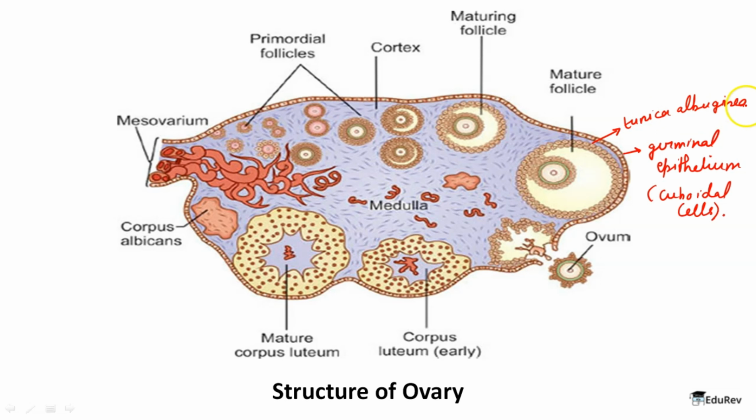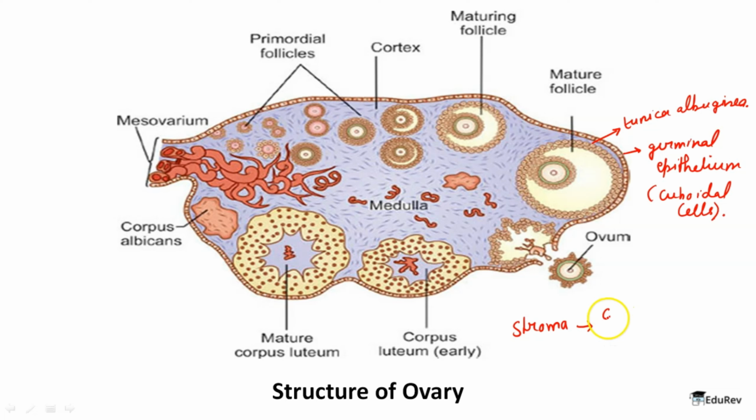Okay. Now if we talk about what is inside the tunica albuginea, everything inside the tunica albuginea is known as stroma. Okay. Again, stroma is also divided in two parts.